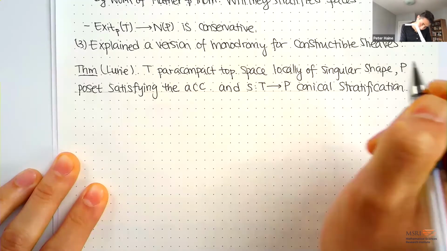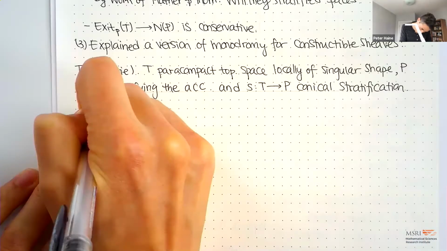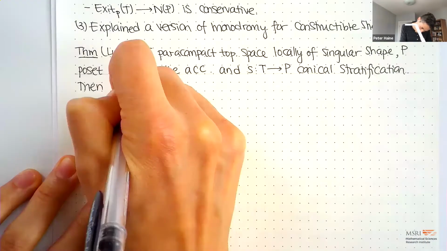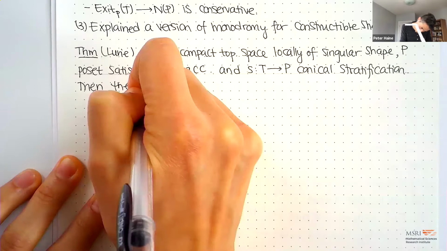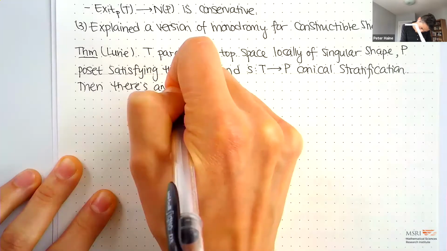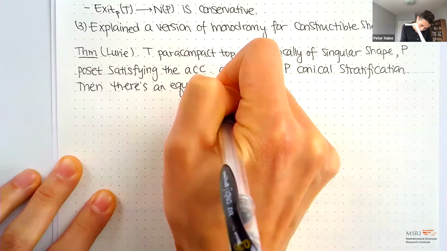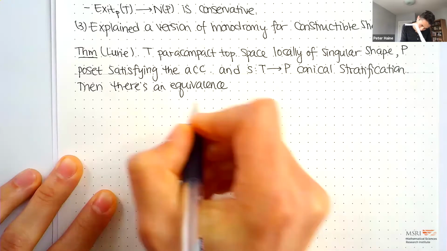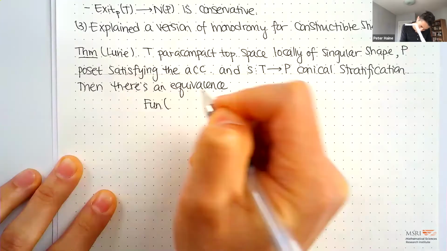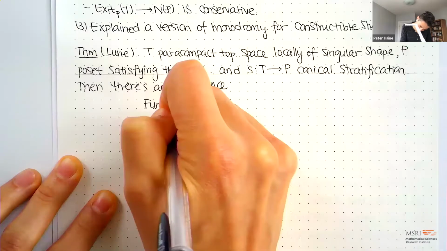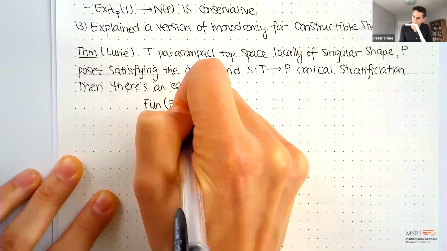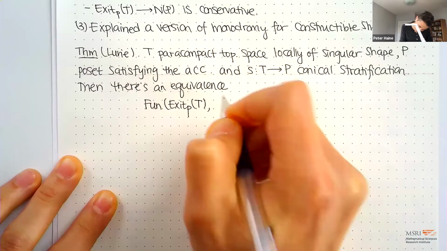then there's an equivalence: on the one hand, you have functors out of this exit path category to the infinity category of spaces.